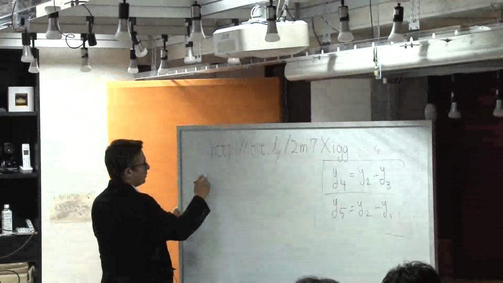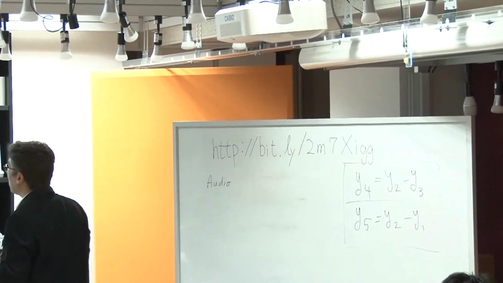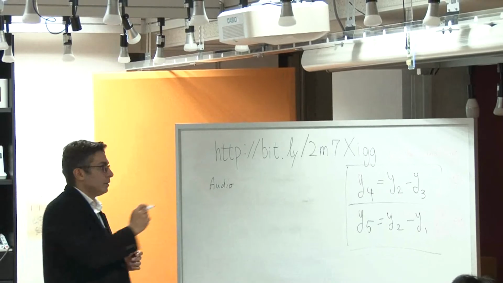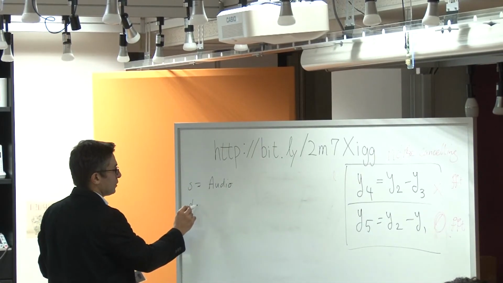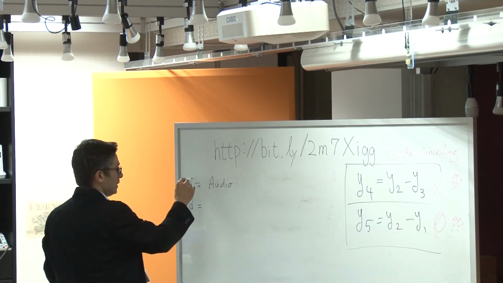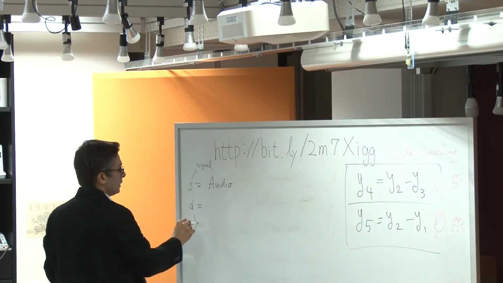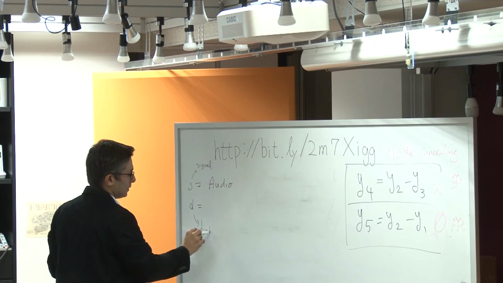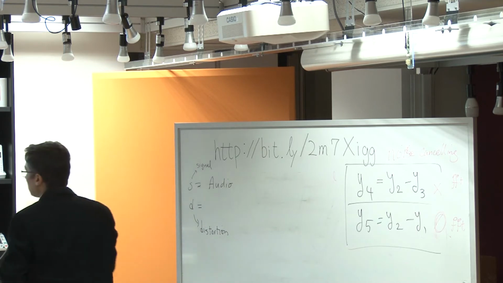So we have an audio, which we call S, and then there is a signal distortion. S stands for signal, and D stands for distortion.